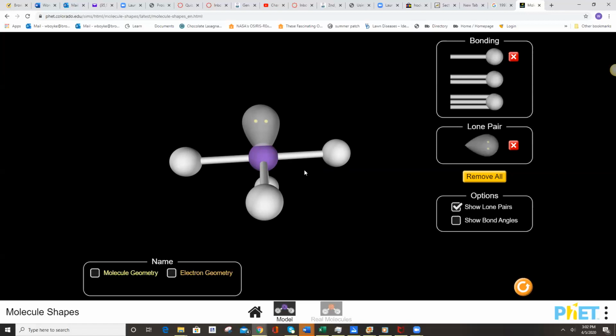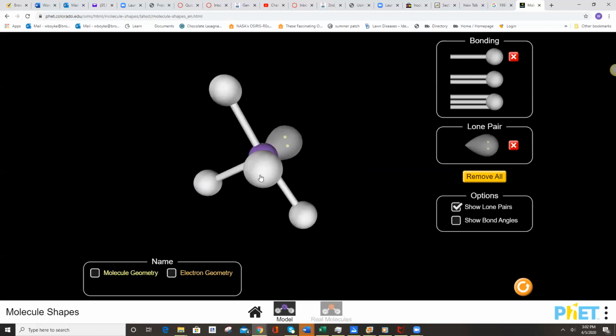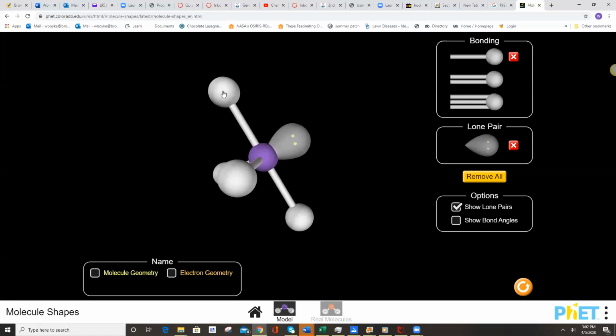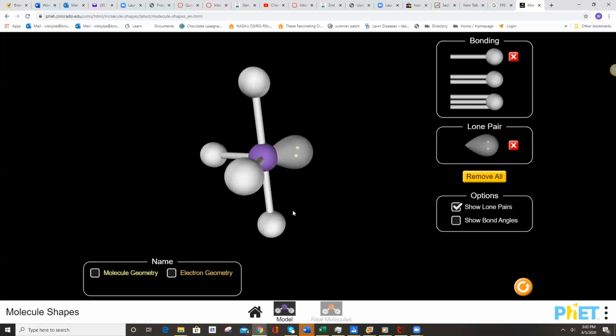First off, 5 electron groups will always be trigonal bipyramidal. If I show that trigonal bipyramidal arrangement here, you can see everything's still arranged in that trigonal bipyramidal arrangement. Notice where the lone pair goes. Remember, before, when we had 2, 3, or 4 electron groups, it didn't matter where the lone pair went because everything was symmetrical.